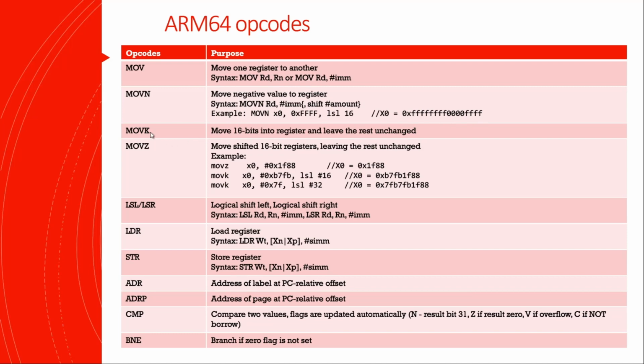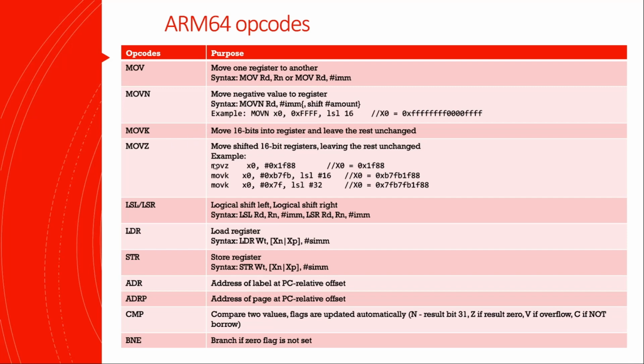Next we have move k and move z. These two instructions are sometimes used one after the other, and that's why I am trying to explain these two instructions together. They are used to move immediate values. Move Z moves an immediate value of 16 bits to a register, and all the other bits outside the immediate value are set to 0.